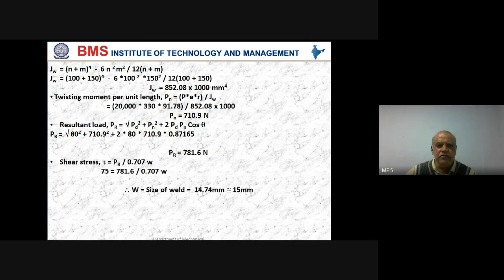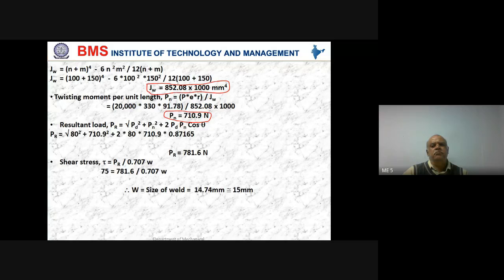It is 852 into 1000. In such case, Pn you are going to get is 710.9 Newton. Then find out the resultant load, and then you will get the weld size.